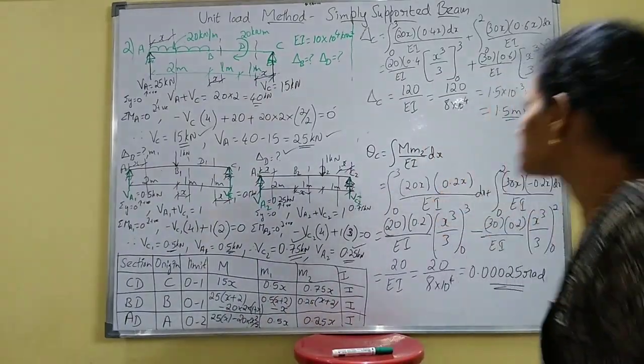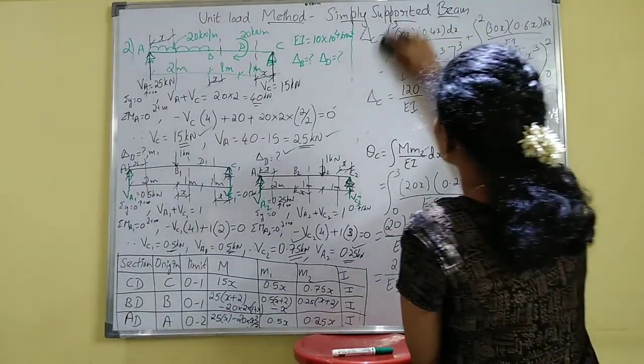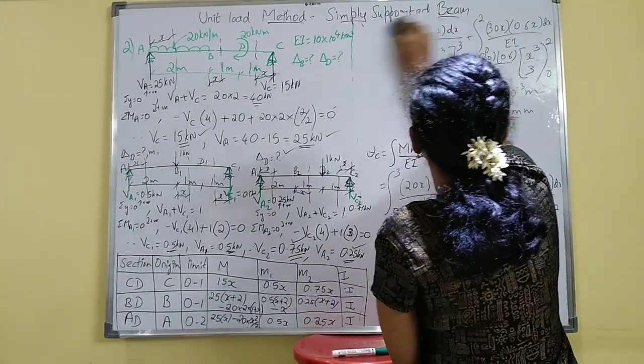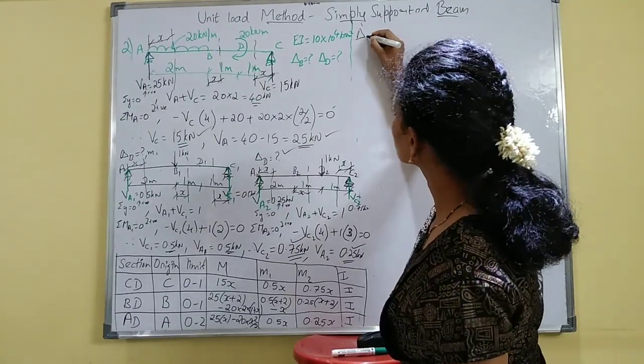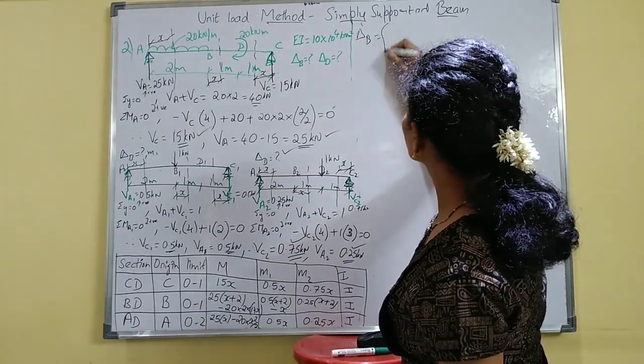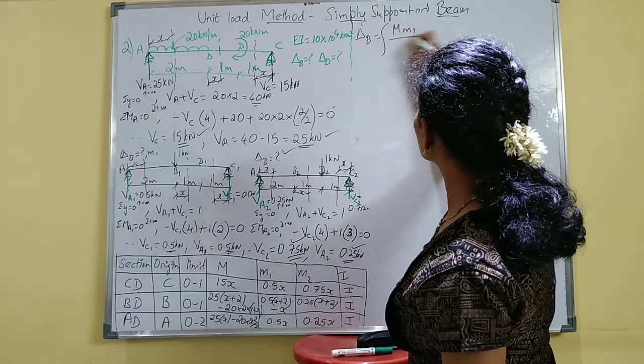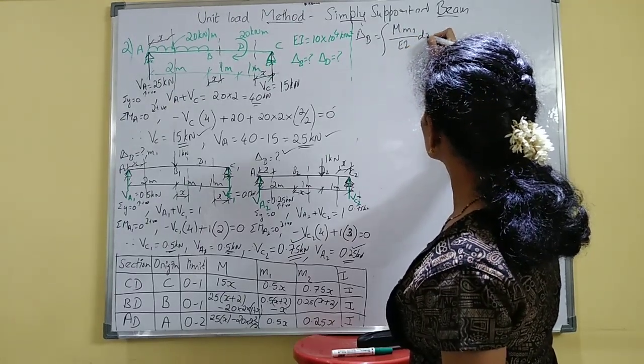Okay, now substitute the formula and get the value of delta D and delta B. Delta B, M1 by EI into dx.